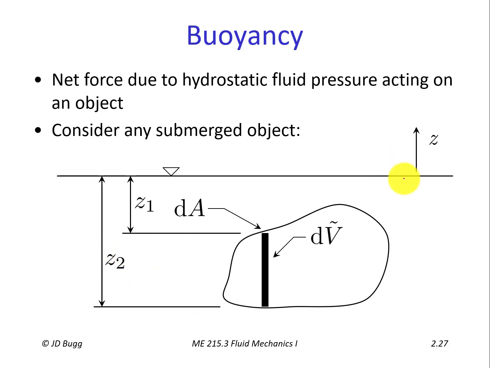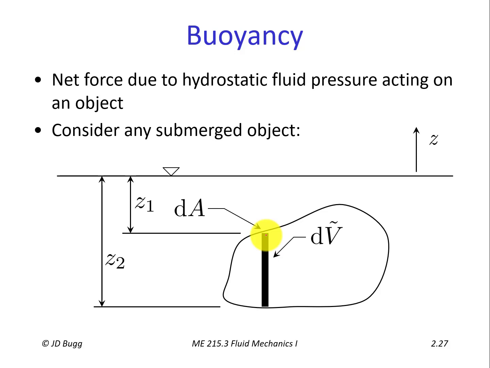Realize that because I have Z equals 0 here, positive Z pointing up, the actual numbers for these will always be negative because everything in the fluid here is in the negative Z direction, but that doesn't matter. These are just variables that represent the top and the bottom of this slice. So we're first going to calculate the net force in the Z direction on just this slice, and we'll call that dFz.